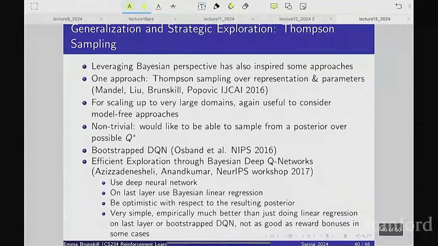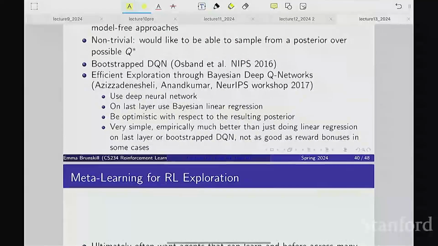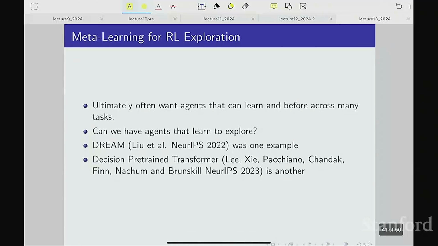Something else that often worked surprisingly well, given how simple it is, is to do something just at the last layer. So at the last layer, do something like Bayesian linear regression to try to get an uncertainty estimate, and then sample from that. So this is a pretty simple thing one could try. There's a lot of work to do this.